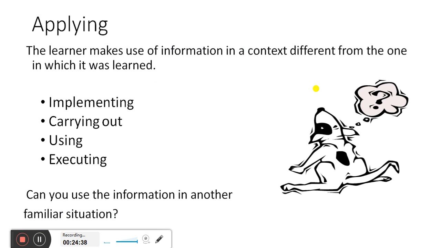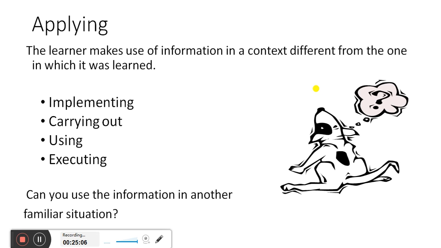Now, with the help of applying, the learner makes use of information in a context different from the one in which it was learned. Implementing. In the very beginning, we have seen the example of how a student remembers the term lemon: it looks yellow and the taste of it is sour.